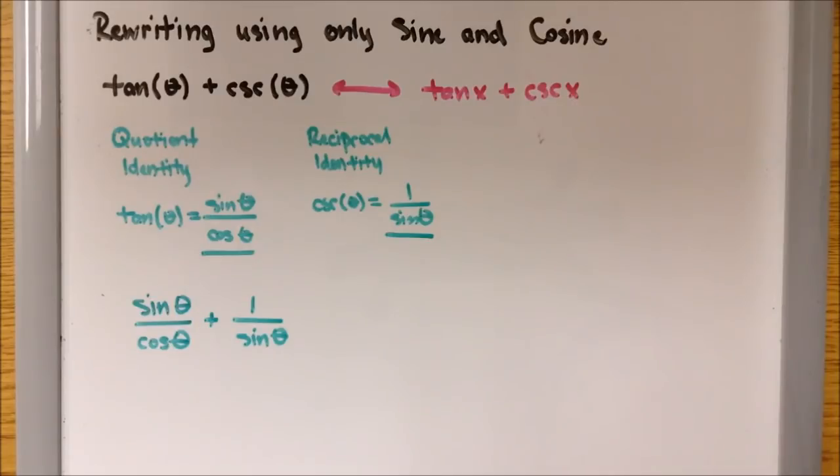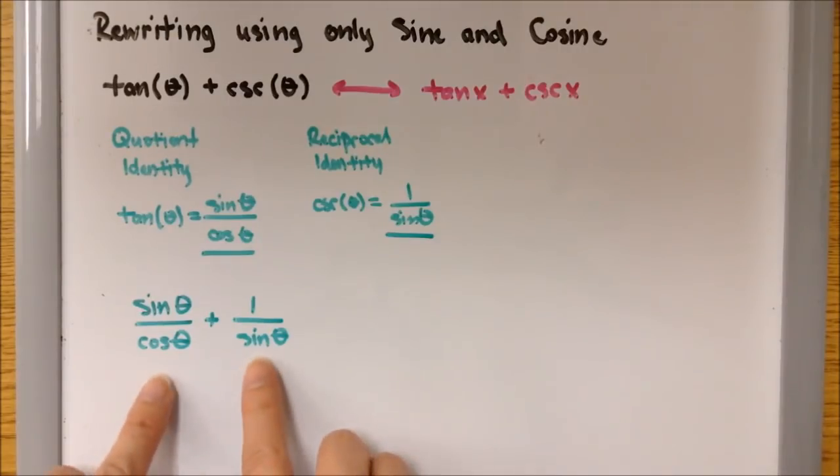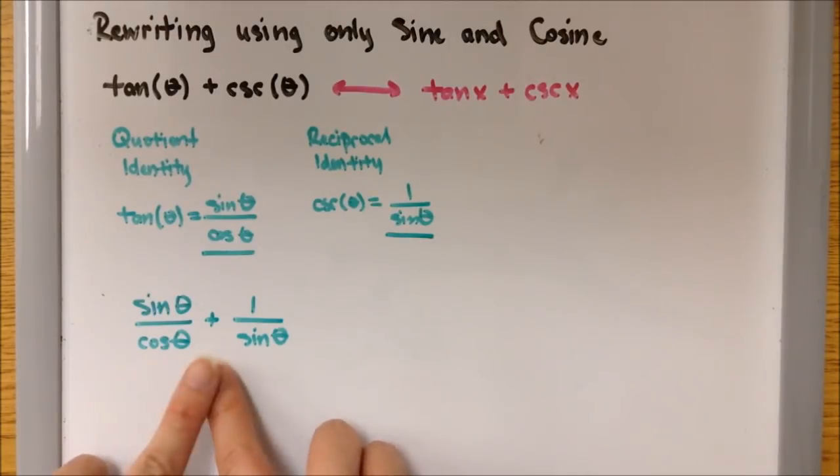It's similar to how you add fractions when you get a common denominator. When you're looking for a common denominator, you need to make them the same denominator, which is like multiplying top and bottom. In this case, the only thing we could do to find a common denominator is to multiply them by each other.